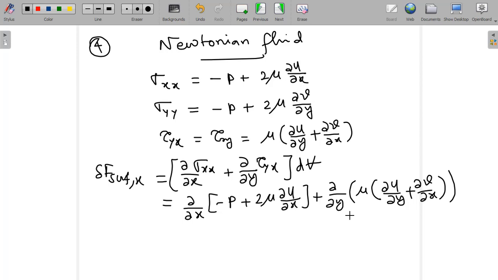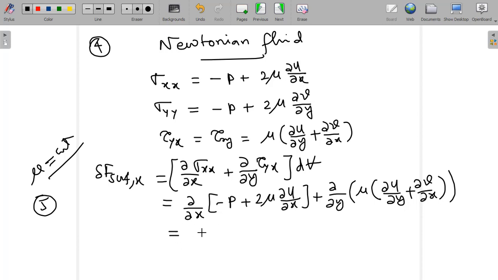Okay. Now further we are considering the fifth assumption that mu is uniform. So mu is constant, mu is not a function of x, y, z. So you can take this mu out of this differentiation, or out of this differentiation. So kind of a homogeneous material that we are considering.